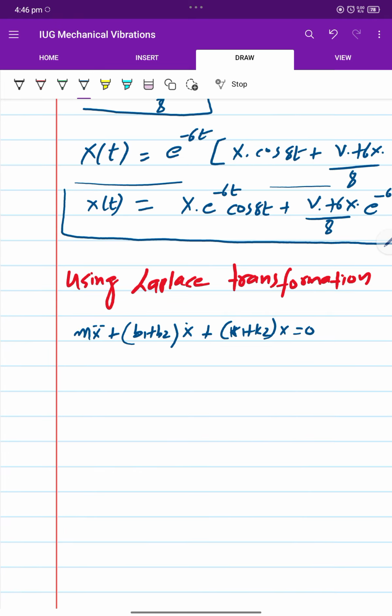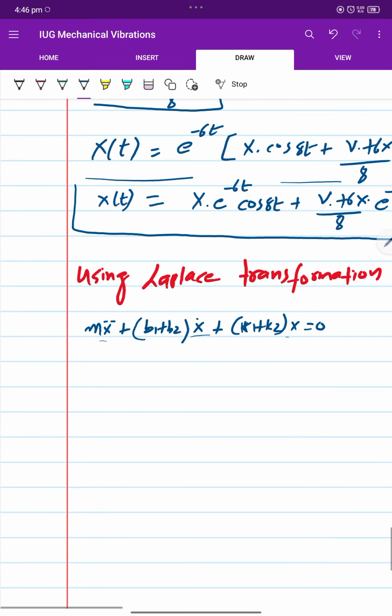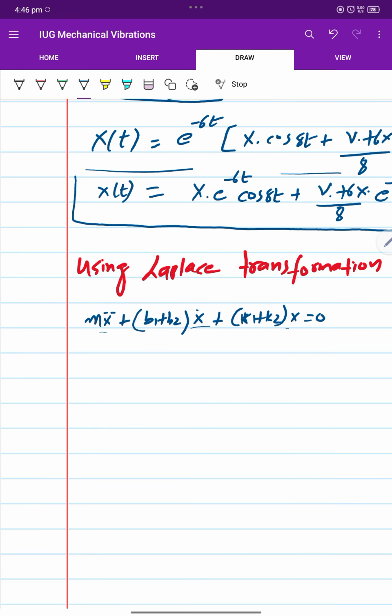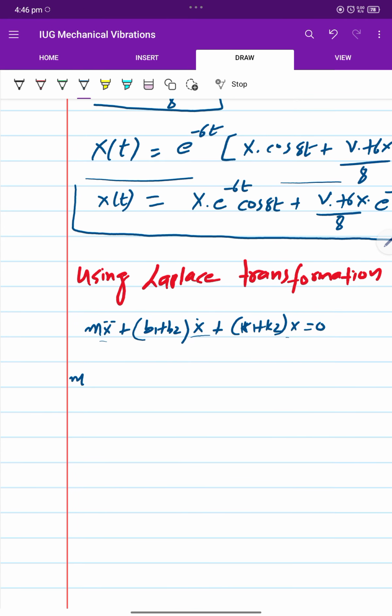Since this is a double derivative, this is a single derivative, and that is a linear term, we will have m times the Laplace transformation of x double dot, plus (b1 plus b2) into the Laplace transformation of x dot, plus (k1 plus k2) into the Laplace transformation of x.